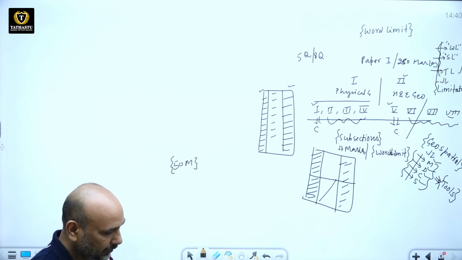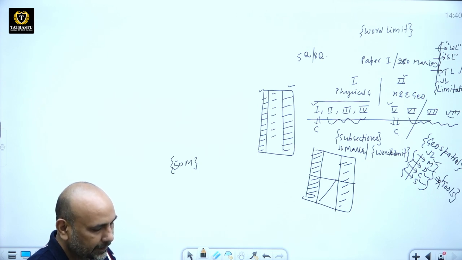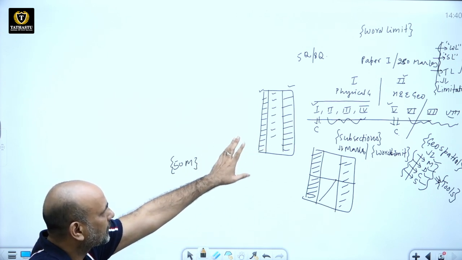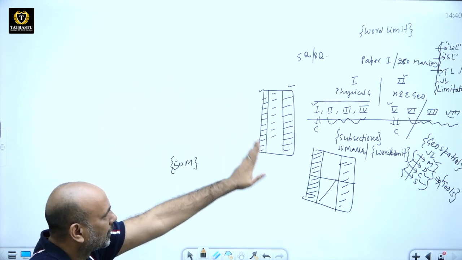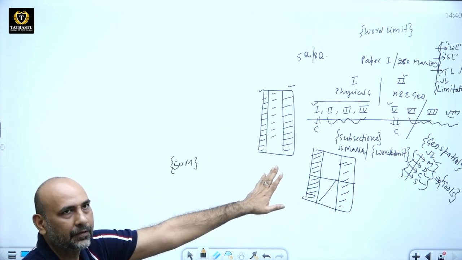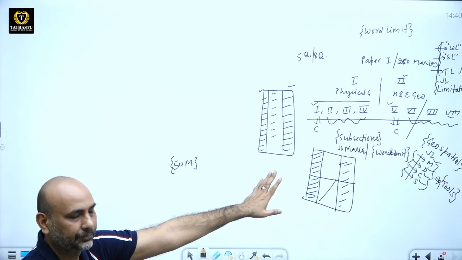Then question numbers first and 5th are compulsory: the first question of the first section and the 5th question of the second section. We don't have choices over here.